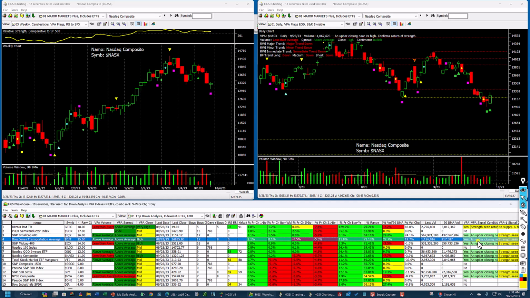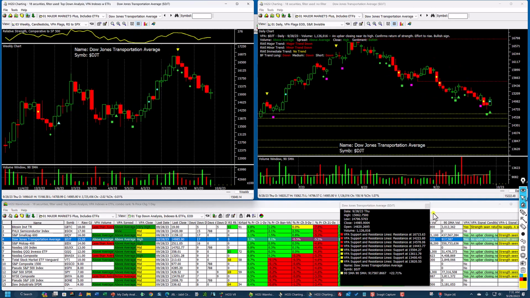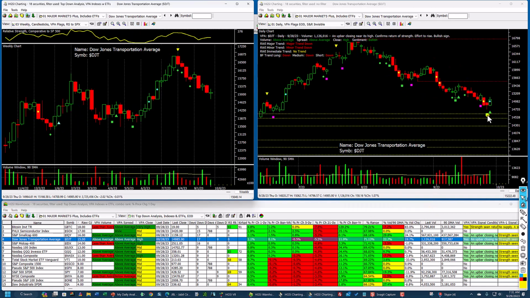Let's just look at the transports, for example. I'm just using this to look at the VPA flags, and notice that here we have a confirmation of this, and this says strength seen returning, and up bar closing near the high.